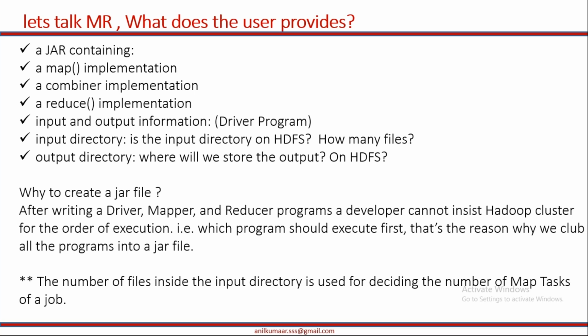The simple answer is, if you give it without the jar file, there is a dilemma, because a lot of programs are running at the cluster level, so the job tracker will not understand what this mapper and reducer are, whether you have a reducer or not, or whether you have introduced any combiner or partitioner. Such information will be really clumsy to the job tracker, because the job tracker has to give the details to the task trackers to run the mapper and reducer.